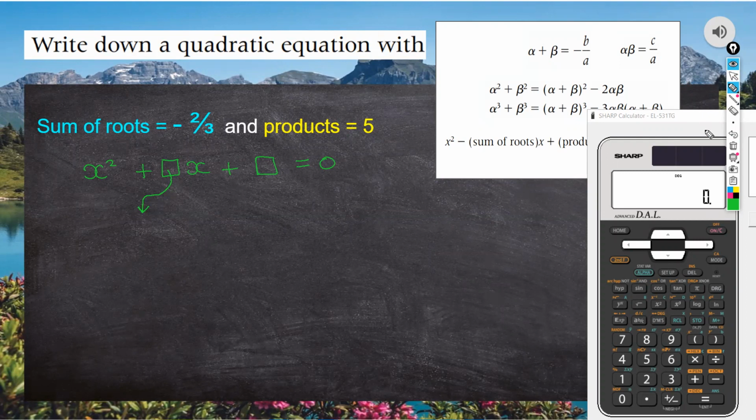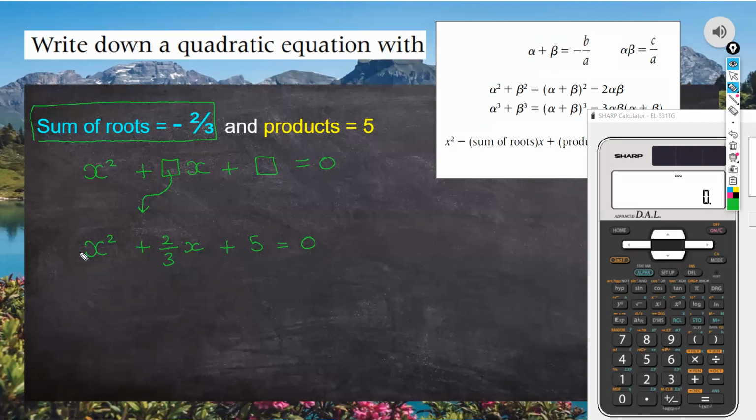I won't even need a calculator. They already gave you the sum of the roots, right? So to figure out what is touching x, remember the sum is this one here. So you have to put the opposite of this value next to x. So you're getting positive 2 on 3x. And the product they gave you as what? 5.